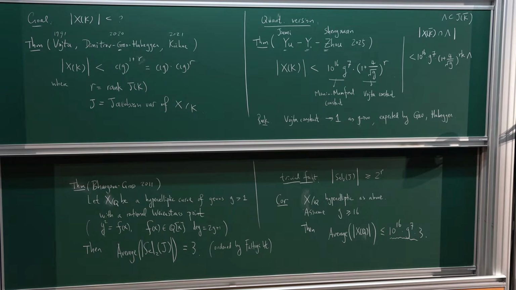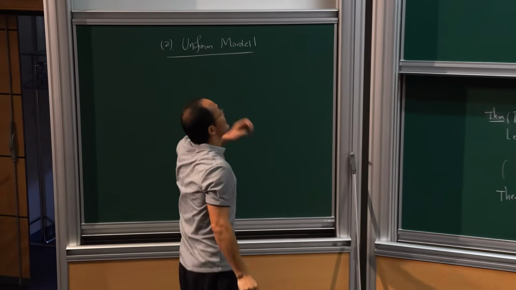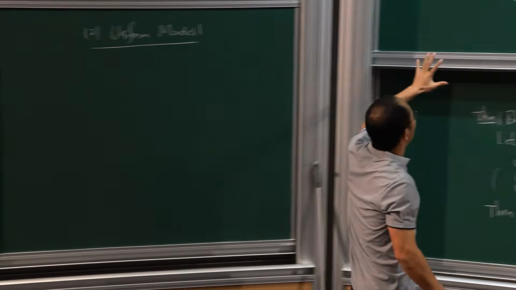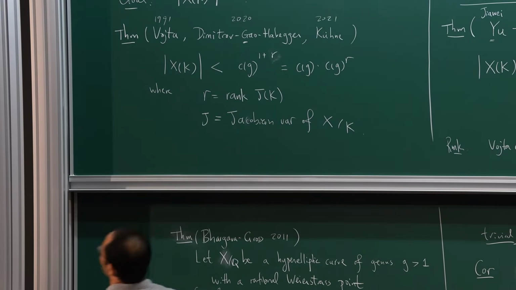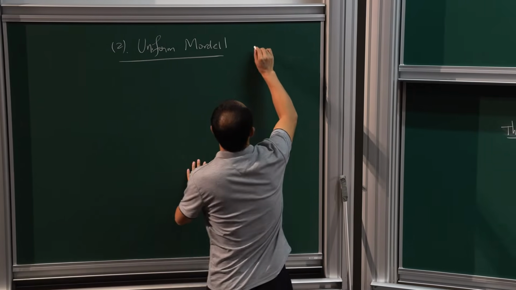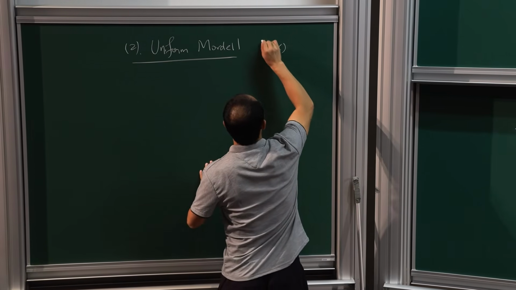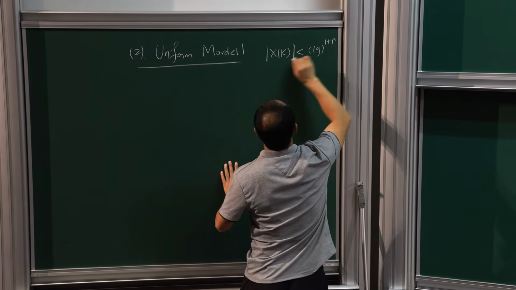So now, the second part is this uniform Mordell. So we'll first look at this non-effective version. Right here, so this X(k) is less than c(g) times (1 plus r).